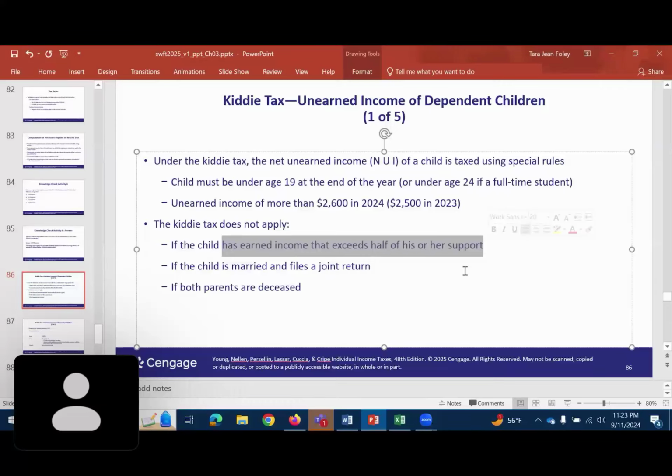So if the child is under 19, has a job and earns money that's more than half their support, it doesn't look like they could have put the money away and earned that money, right? This is more for children who don't have jobs, and why there's money in their name, right? If the child is married and files a joint return, the kiddie tax does not apply. It also doesn't apply if both parents are deceased. If both parents are deceased, it means the child inherited the money, and that is protected.